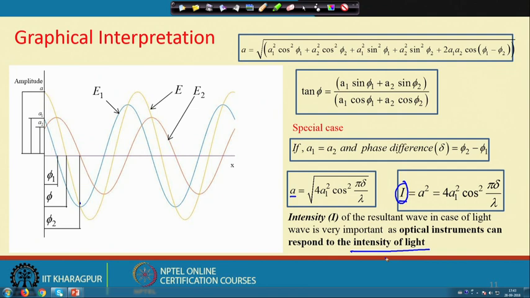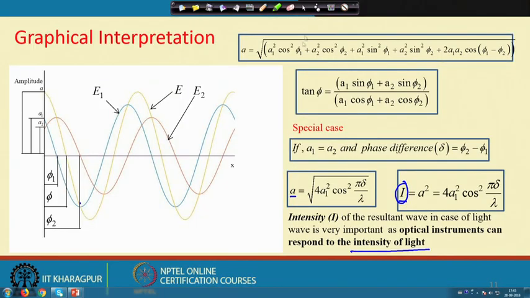When the light propagates in the same plane, the resultant wave is linearly polarized. That we will also see when we consider out-of-plane superposition of light. Here I stop today. In the next lecture we will study the out-of-plane polarization of the resultant light. Thank you.